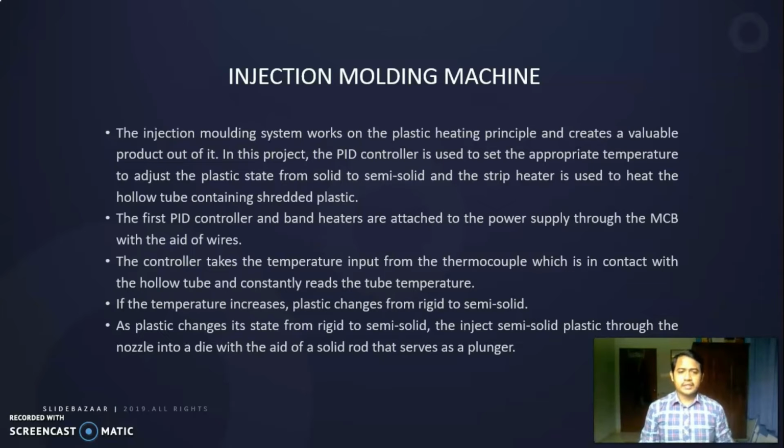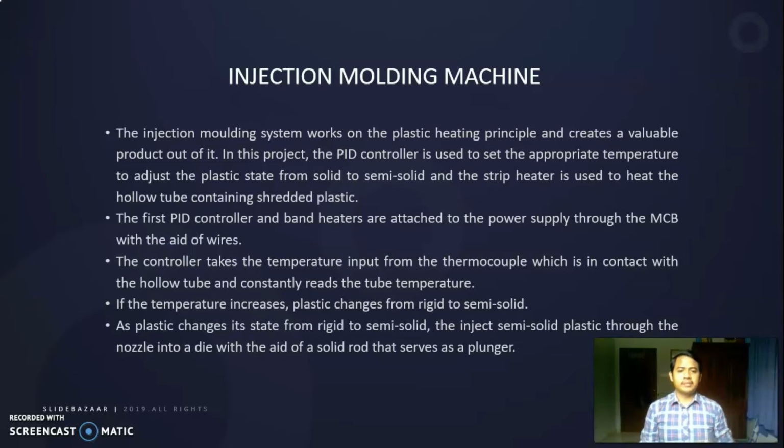The controller takes the temperature input from the thermocouple, which is in contact with the hollow tube, and constantly reads the tube temperature. When the power supply is turned on, an appropriate temperature needs to be set in the PID controller, and the band heater starts heating up, and then the heat is transmitted to the barrel containing the shredded plastic.